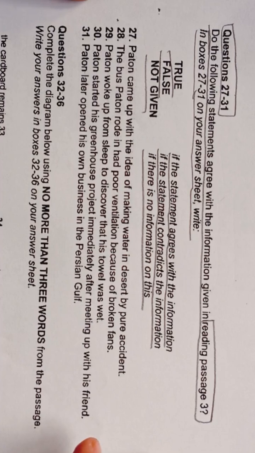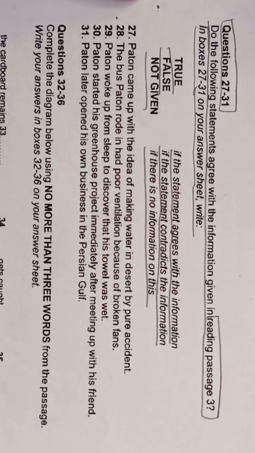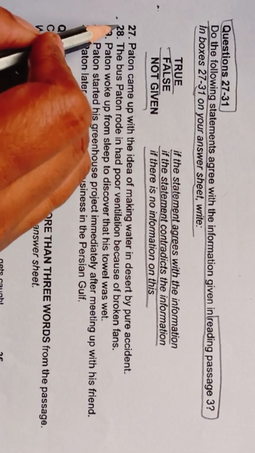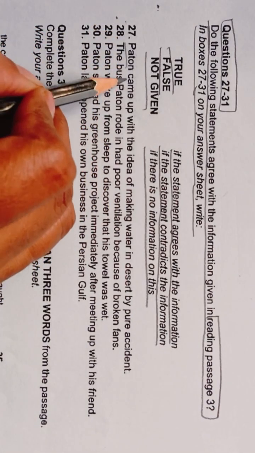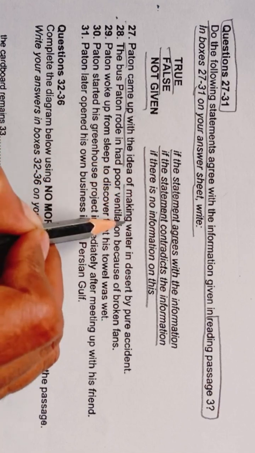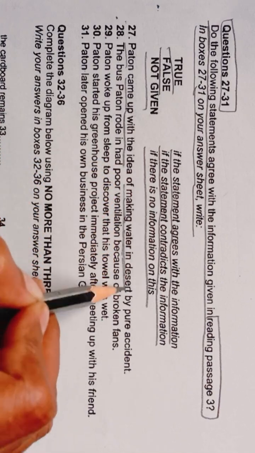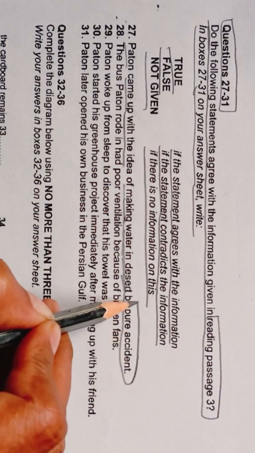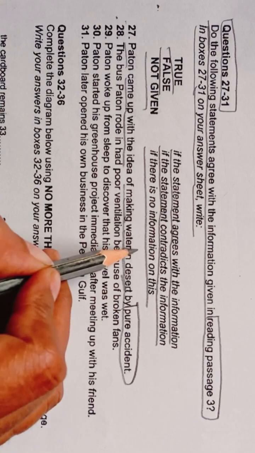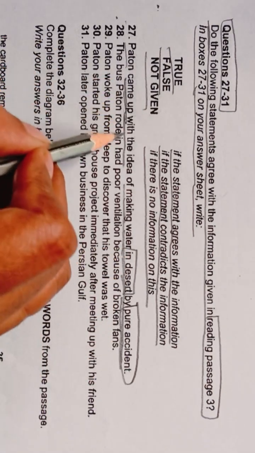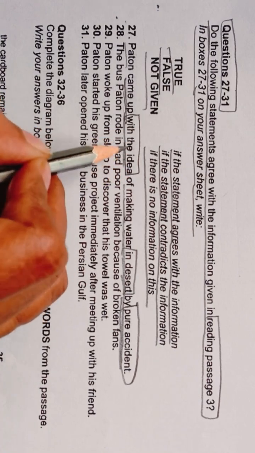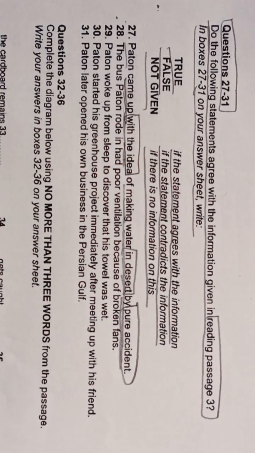So our first question type is true, false, not given. Let's read the first one. Number 27: Patton came up with the idea of making water in desert by pure accident. So these are our keywords.